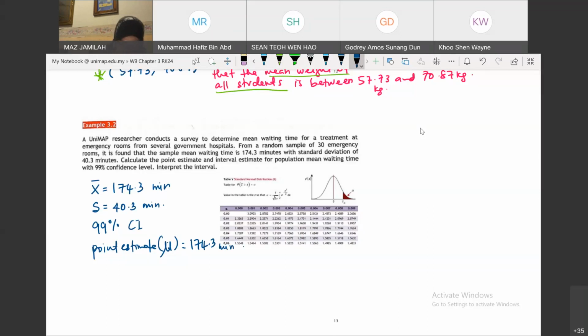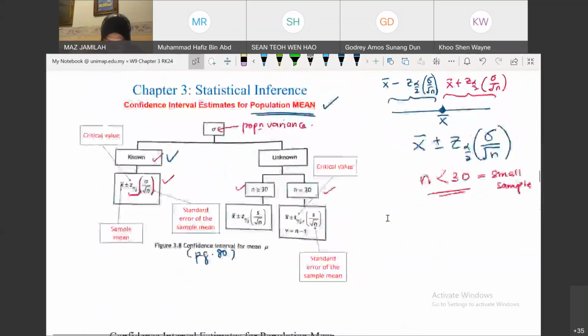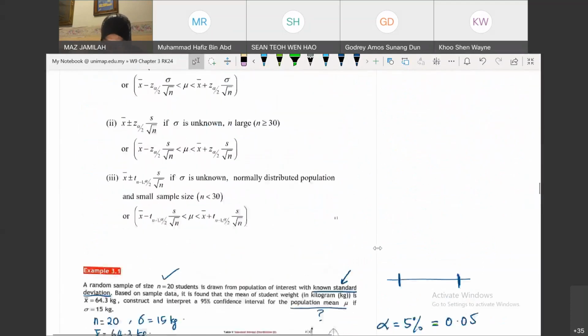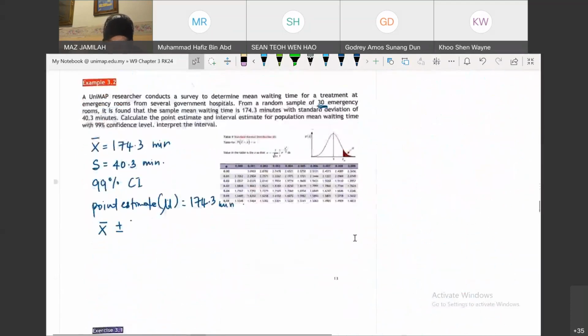The interval estimate is X bar plus minus, now what is your N? N is 30, so we fulfill the condition for N at least 30, and sigma is unknown. So we can use the approximation using our S: Z alpha over 2 times S divided by square root of N.